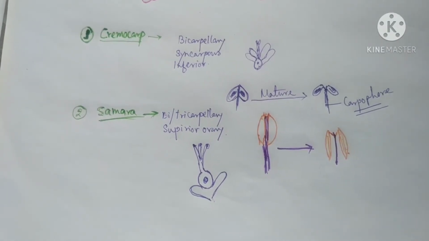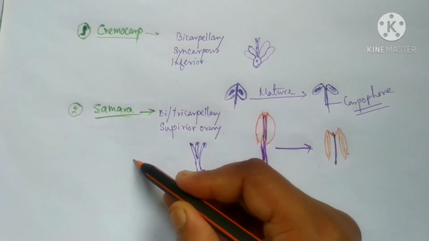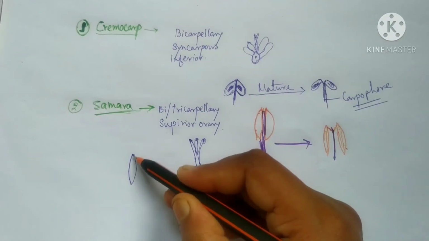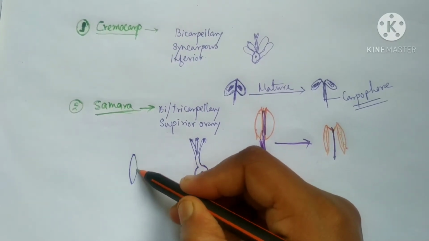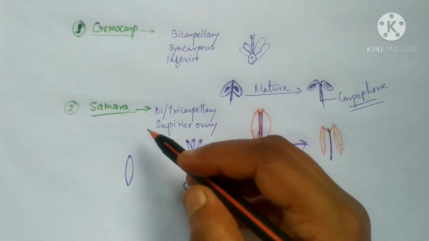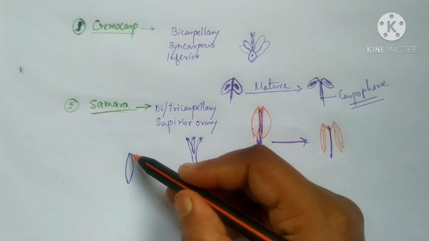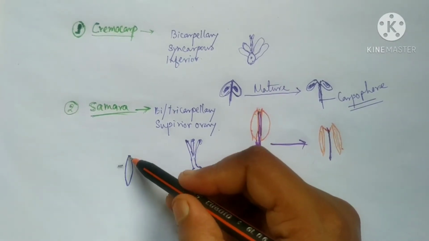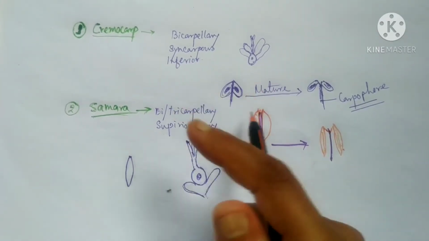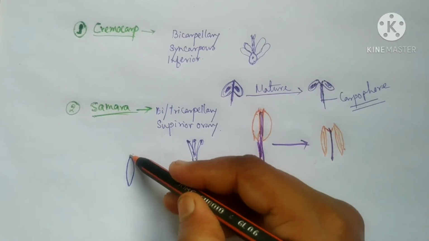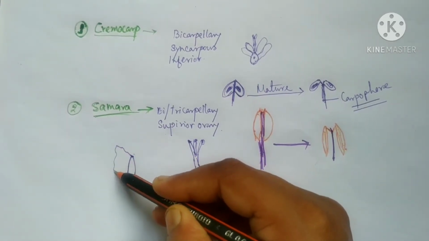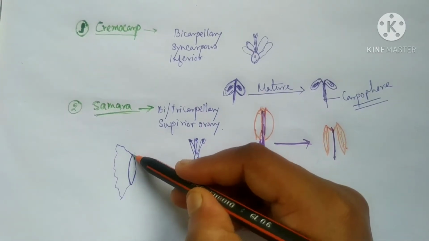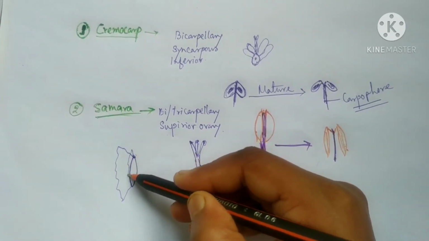So if this is a fruit, it contains a pericarp, and the pericarp is modified into wings, like this type.